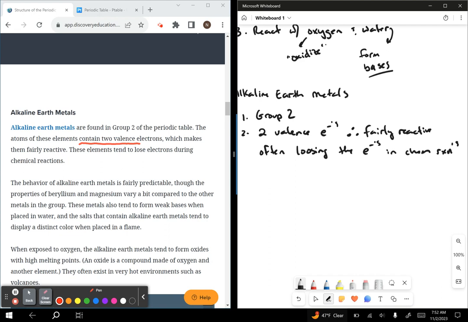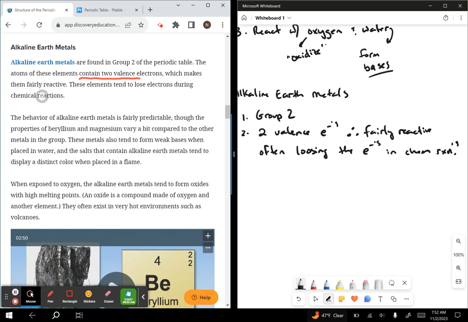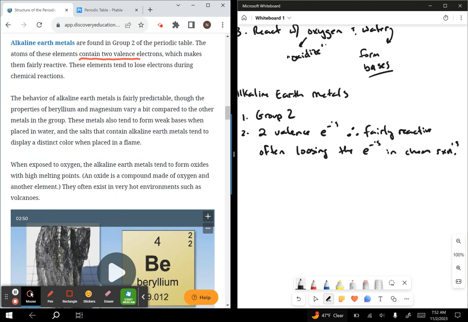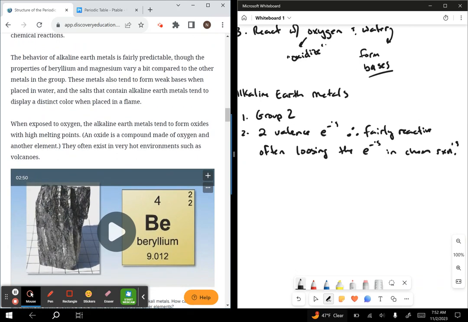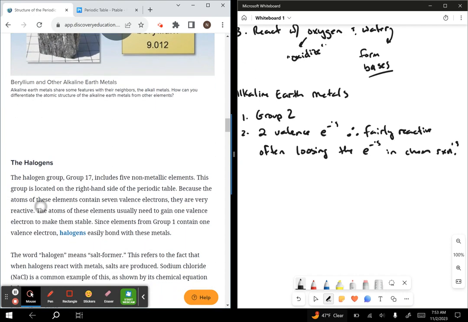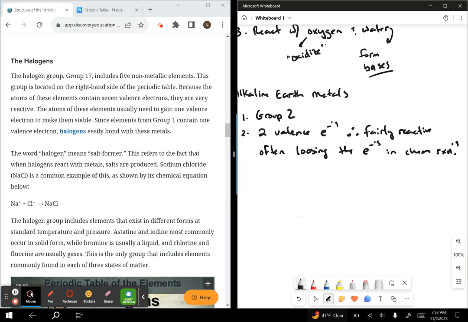In paragraph 2, they talk about them being predictable. They form weak bases. They tend to display distinct colors. They tend to form oxides. They tend to have high melting points. They tend to exist in very hot environments. So in the paragraphs on general characteristics and behaviors, I would suggest that you read that. Watch the videos.